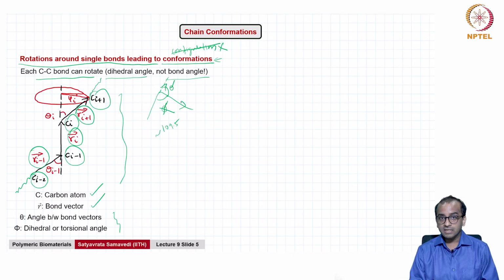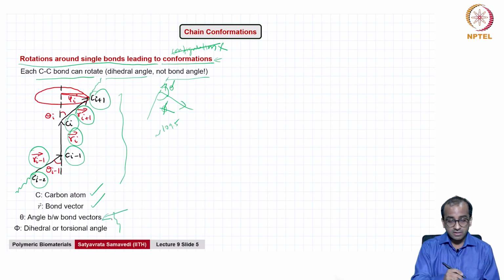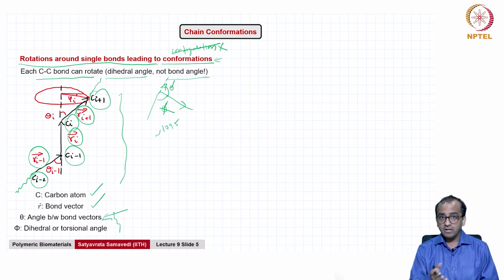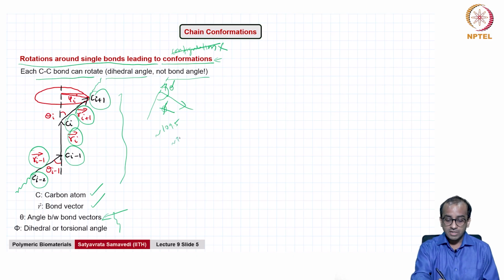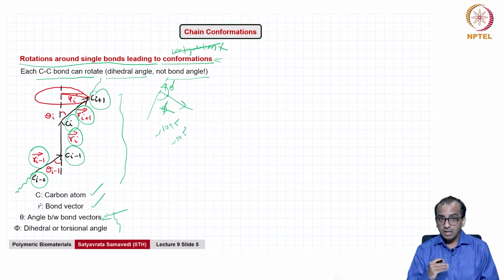Now, you can easily see that the way we are defining theta here, which is the angle between 2 bond vectors, will simply be 180 minus the bond angle as classically defined, which is 109.5. So, if you subtract it, you will roughly get about 70.5 degrees or 70 degrees roughly for the way we are defining theta here for this system. So, that is an important distinction to keep in mind.